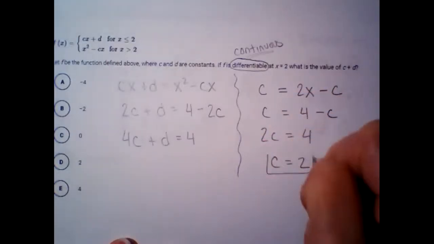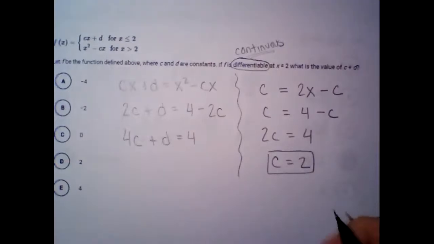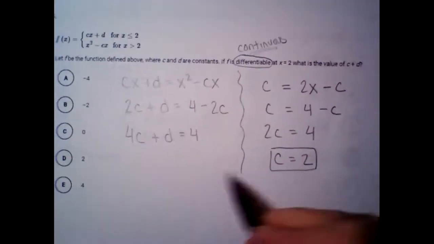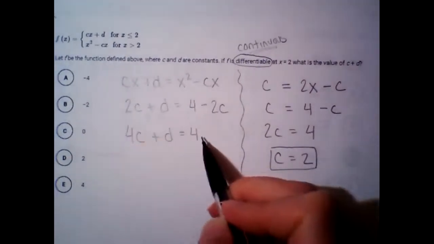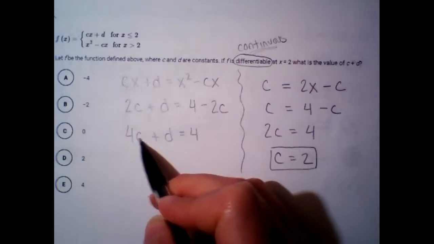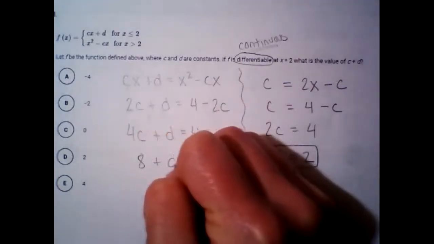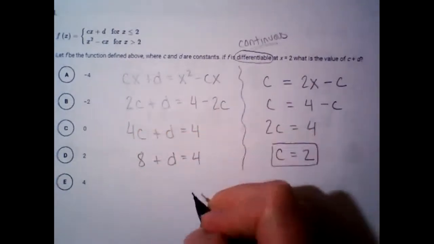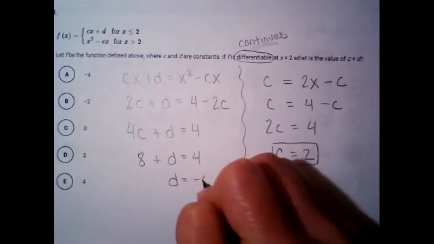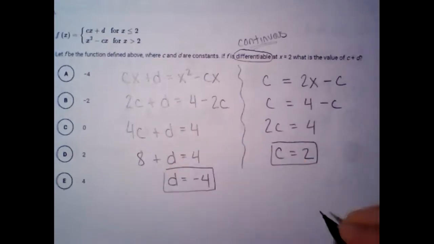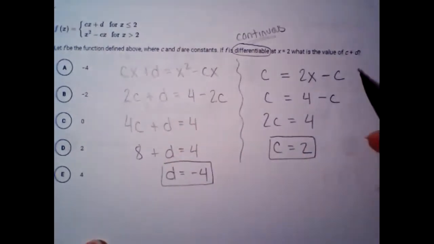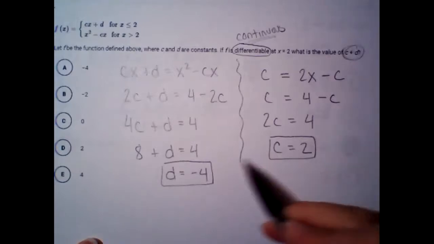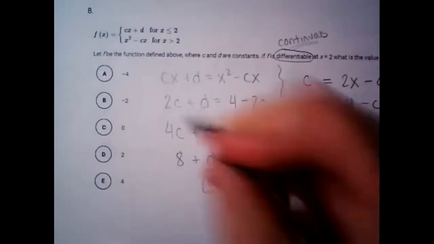And so c is 2. So I know that c is 2. If I plug that in on this equation, that will give me 4 times 2 is 8. And then subtract the 8 over, so d is -4. And then what they asked us to do is add those together. It says add c plus d. So if you add those together, you're going to get -2. So that one is b.